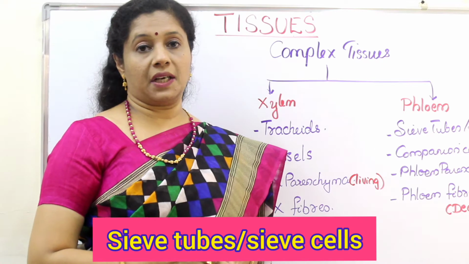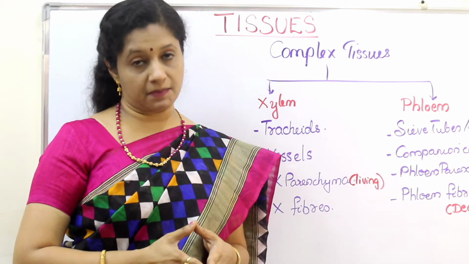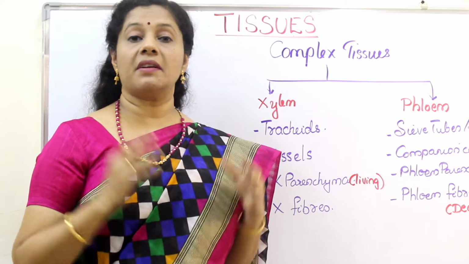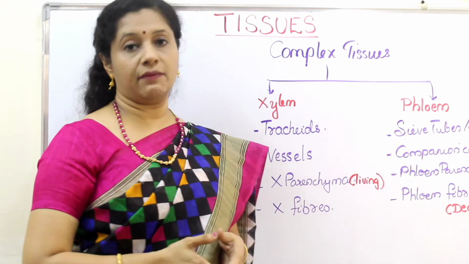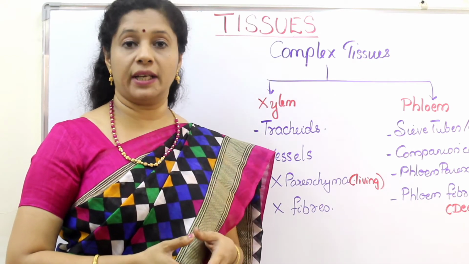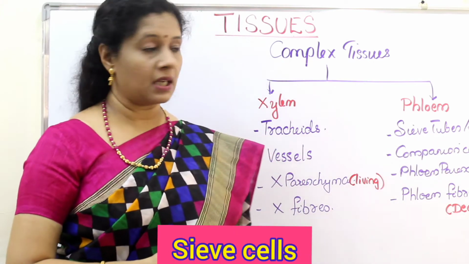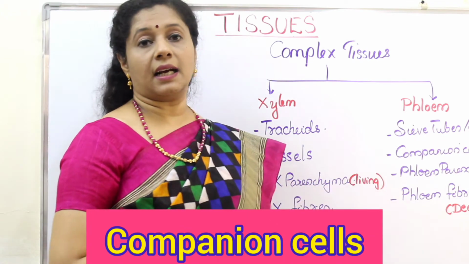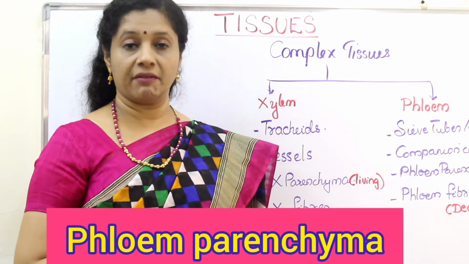When you learn classification, you will come across complex plants like gymnosperms, angiosperms, etc. The flowering plants we see around are all angiosperms. They have sieve tubes. But there is another group of plants which are not flowering but woody in nature. They have sieve cells instead of sieve tubes.